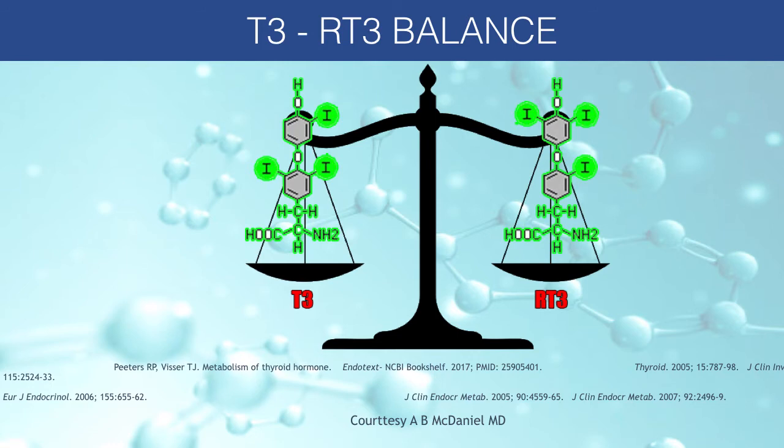So this is the key means of regulating the thyroid function, by the activation of T4 into T3 and reverse T3. And the ratio of T3 to reverse T3 appears to be the best indicator of thyroid hormone activity, not the TSH.